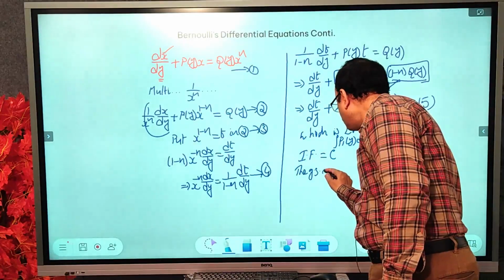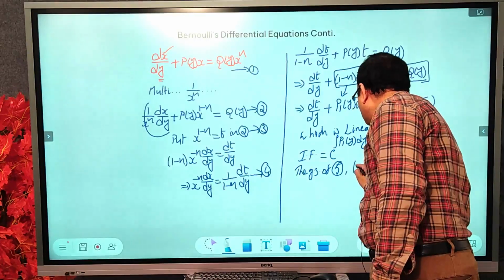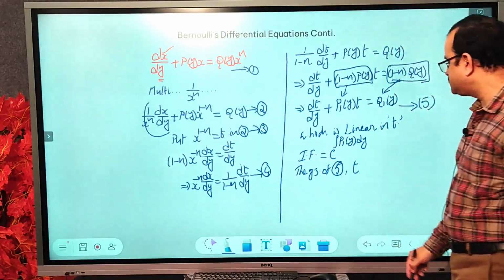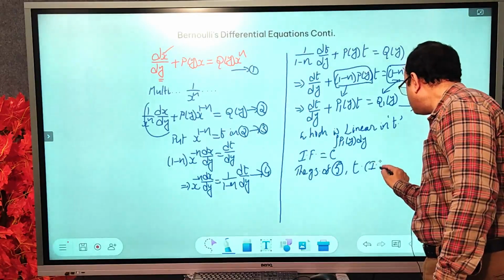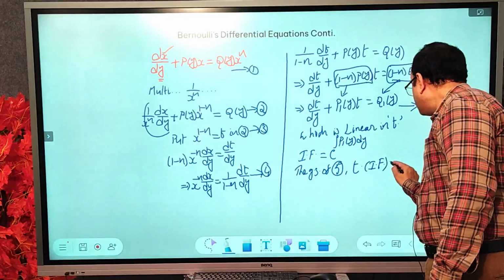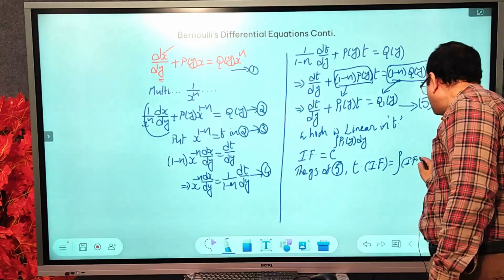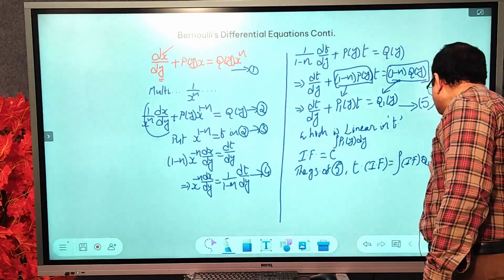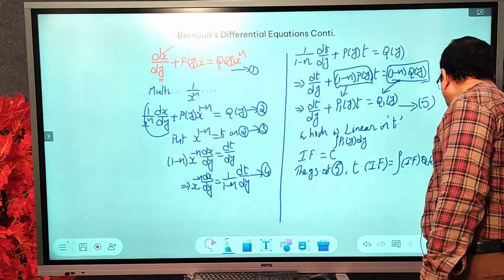The general solution of equation 5, because equation 5 is linear and the dependent variable is t, is t into integrating factor is equal to integral of integrating factor into q1 of y dy.